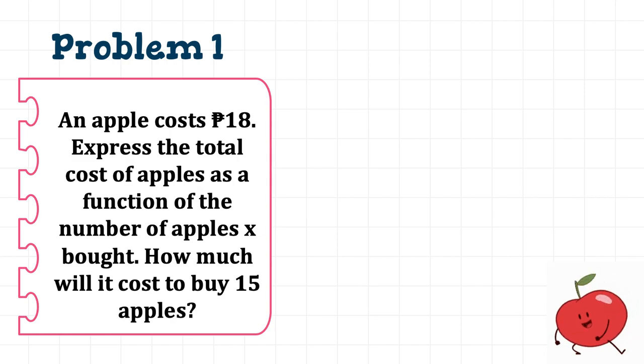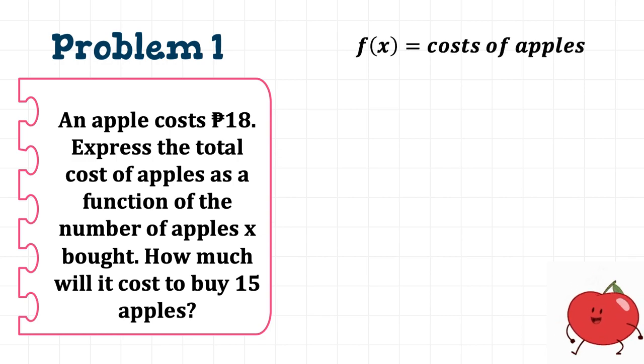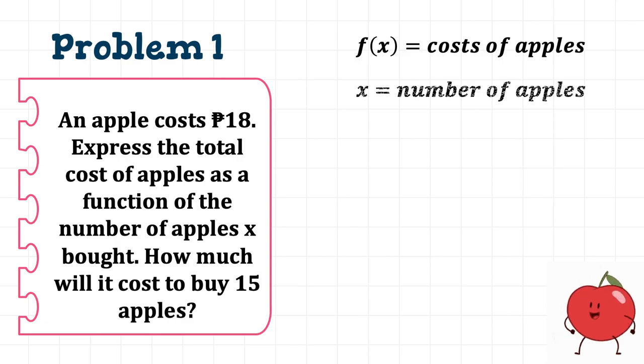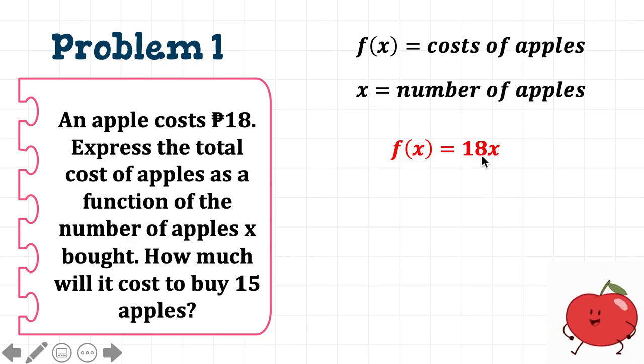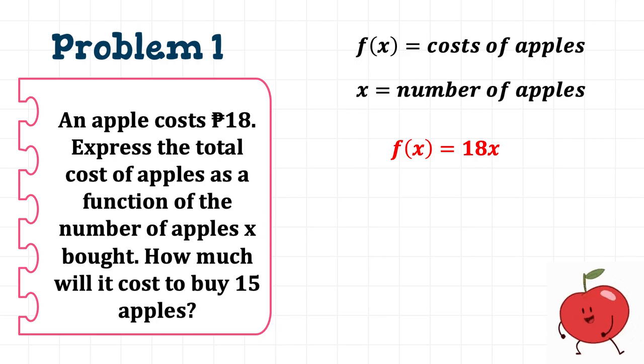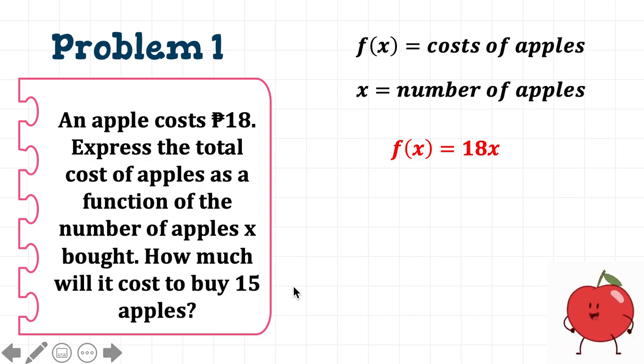But again, our goal here is to represent this in a linear function. So your f of x here will be the cost of the apples and x will be the number of apples. So the function is f of x is equal to 18x, where 18 is the cost of the apple and definitely it's constant because in the given problem there is already a price. And then x will depend on how many apples you are going to buy.